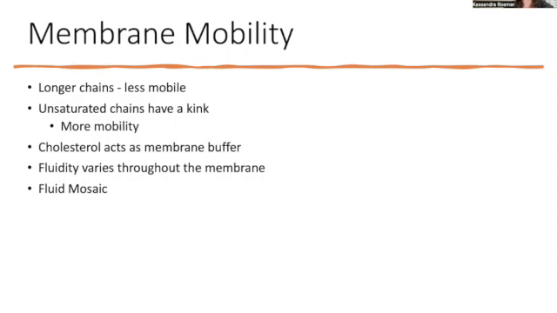Okay, in a membrane, different regions are characterized by different fluidity levels, and the bilayer is made up of very different components. You've probably heard the term fluid mosaic model. So we have a very fluid membrane that can move around.